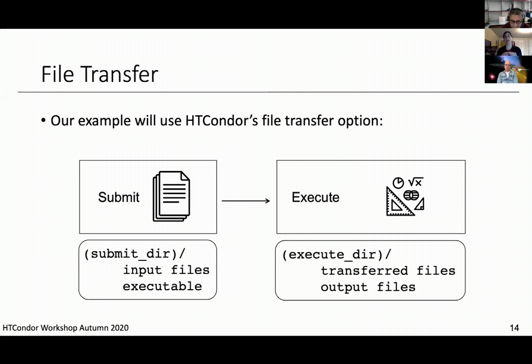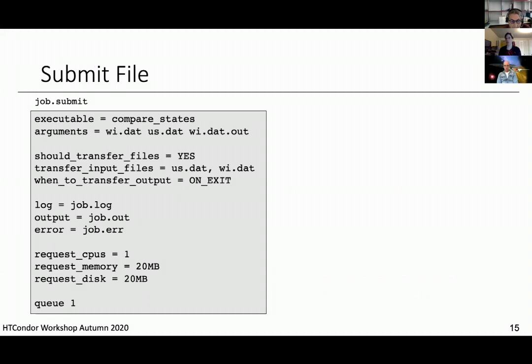In this example, we're going to assume that the Condor pool in question uses HTCondor's file transfer feature, which basically means that the directory that you submit jobs from and the directory where jobs execute, noted here as the submit dir and the execute dir, are in 2 separate locations, probably on 2 separate computers.